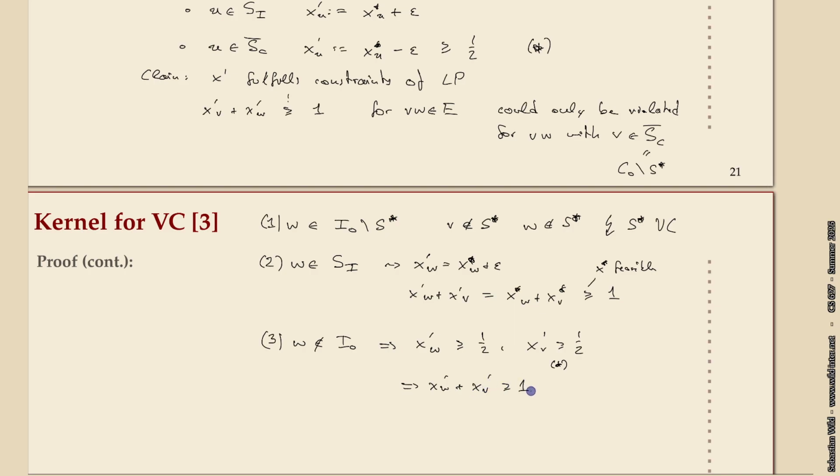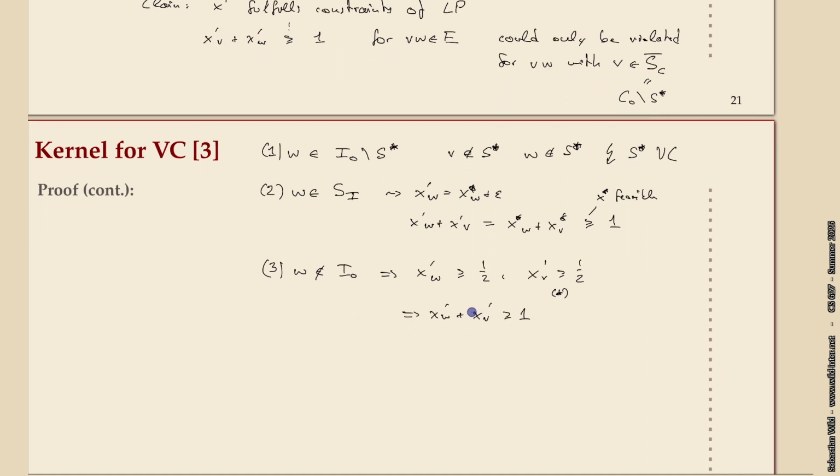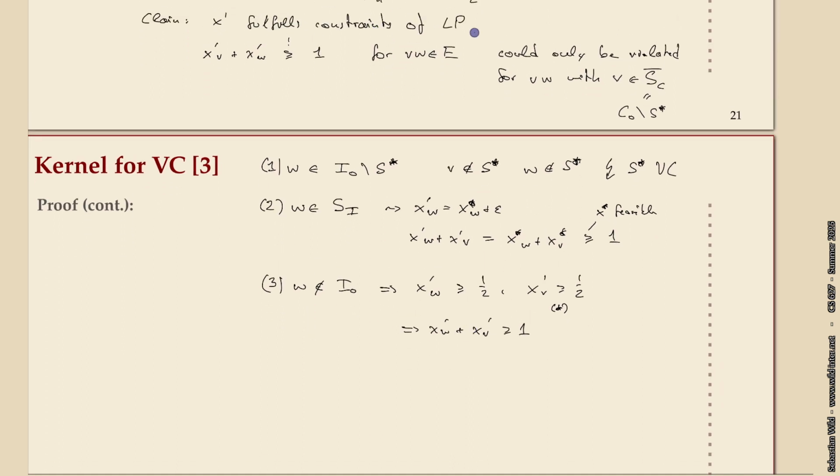So in all possible cases, for the other endpoint of an edge where we might subtract something from its variable, the other endpoint makes up for it, or the case is not possible. And so we've proven that this new x prime indeed fulfills the constraints of the LP.